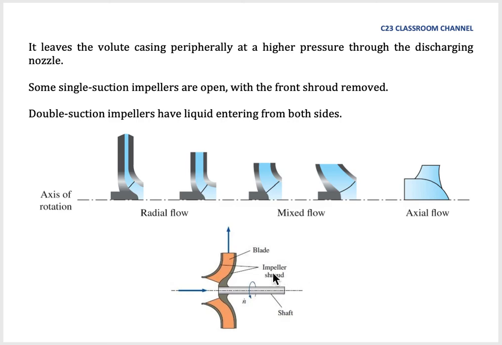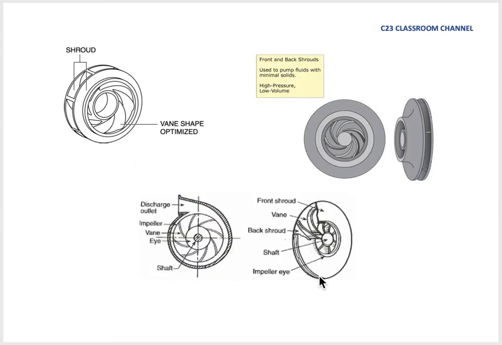To get a clear vision of the shroud, this is the shroud here, and this is the blade. We have covers at the front and at the back, and we call this a shroud.